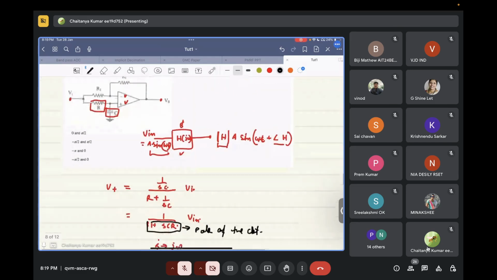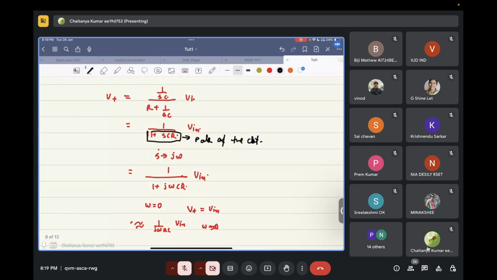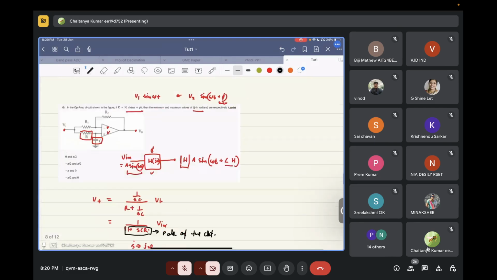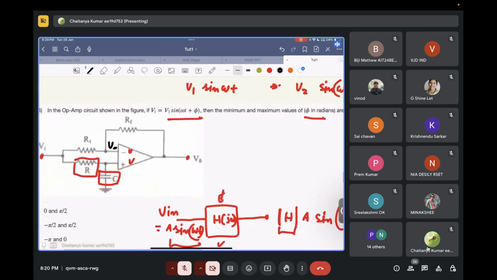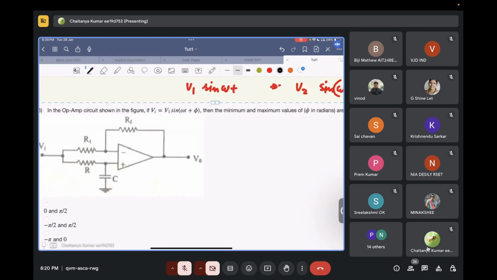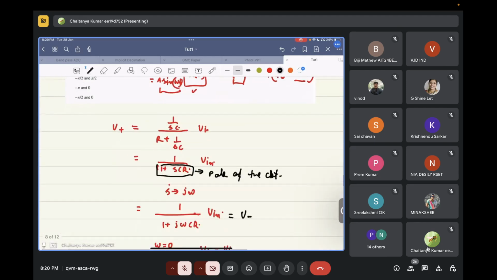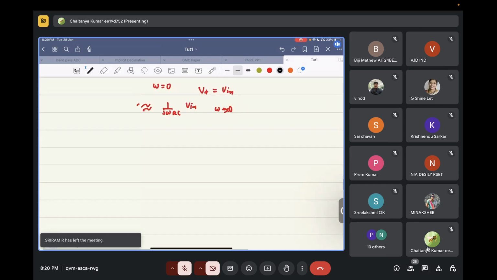Now V plus will also be equal to V minus. So we have V minus over here. The current that flows from the input is Vi minus V minus by R1, correct? I will redraw the circuit over here.